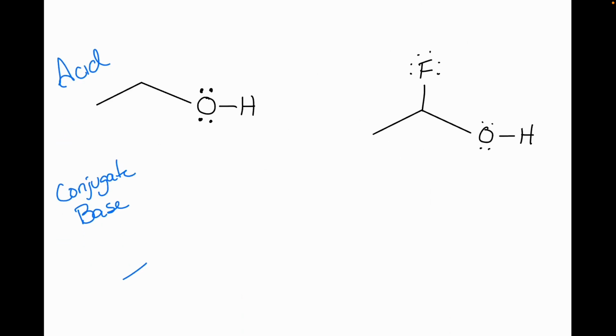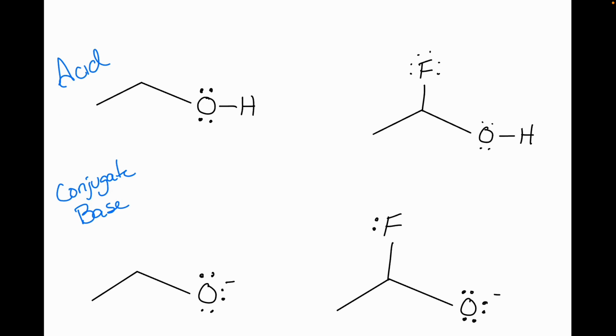All right, so again, remember you're going to deprotonate this oxygen, removing that hydrogen, and in its place will just be a lone pair. Okay, so let's look at these conjugate bases real quick.